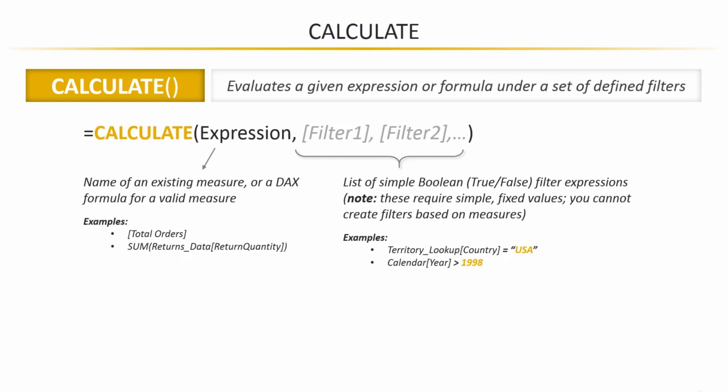So column name on the left and some sort of a value or text string on the right, separated by an equals, a greater than, a less than, etc. So some examples could be the country column from the territory lookup equals USA, or the year column from the calendar table greater than 1998. What you cannot do here is insert more complex filters or even use filters that reference measures. So again, column name and some criteria, either value or text.